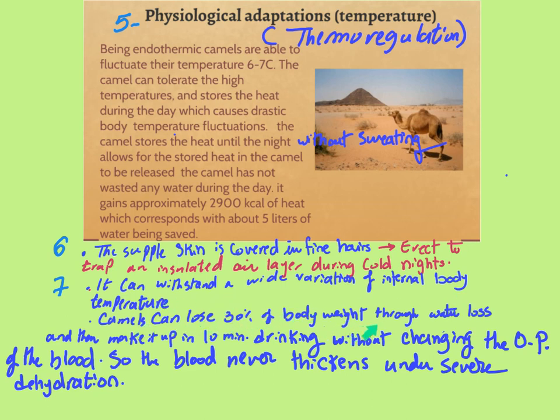Camels can lose 30% of the body weight through water loss and then make it up in 10 minutes of drinking without changing the osmotic potential of its blood. So the blood never thickens under severe dehydration. So even if the animal loses too much water, there will not be much change in the osmotic pressure, and the animal is not going to get dehydrated.